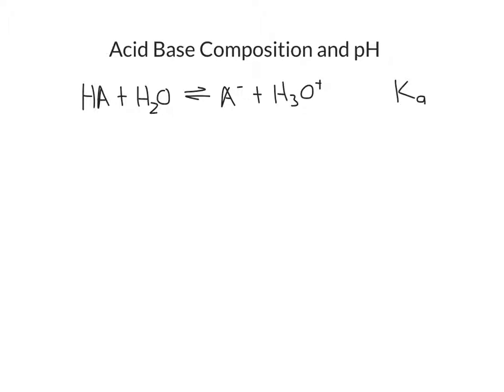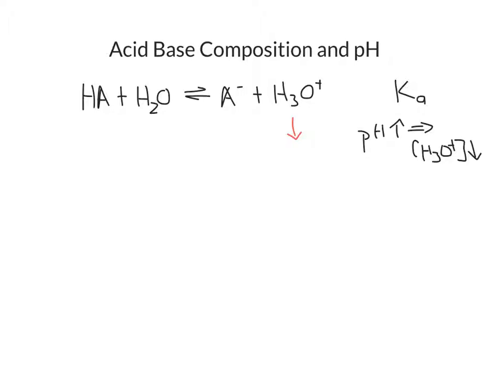When I increase the pH of this solution, that means that I will decrease the H3O+ concentration. So remember that pH increasing implies that H3O+ has decreased. So if I decrease the amount of H3O+ in my solution, I can think about what Le Chatelier's principle tells me will happen.